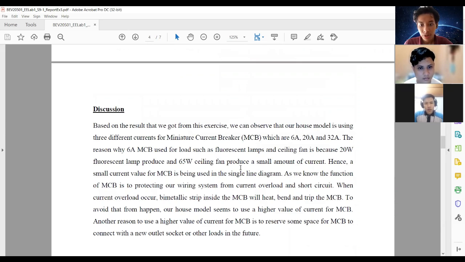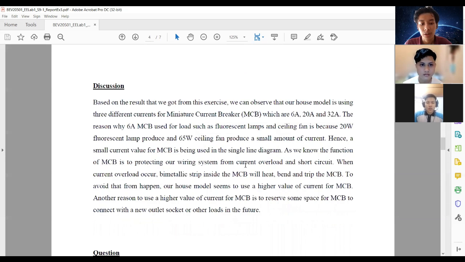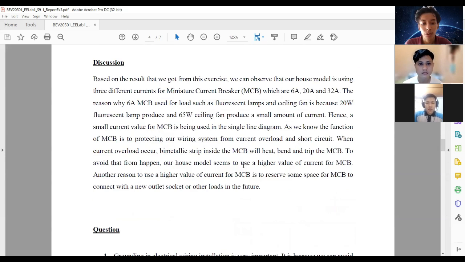The reason we use 6 ampere is because the fluorescent lamp and ceiling fan draw a small value of current, and that is why we use 6 ampere MCB for ceiling fan and fluorescent lamp.